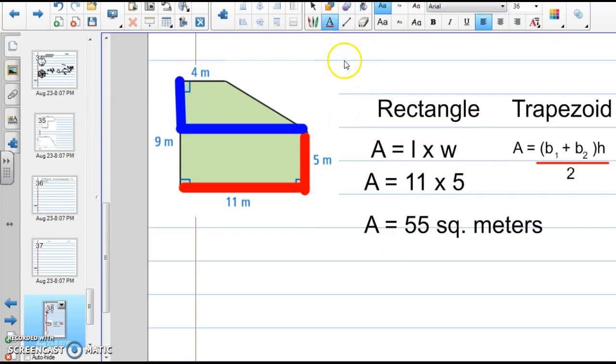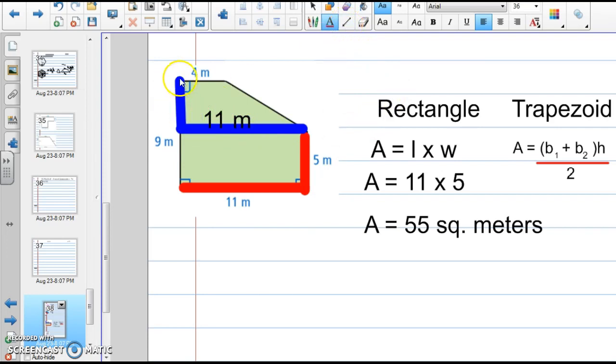If we look to other parts of the problem, we notice that this side of the rectangle is 11 meters, which means the opposite side of the rectangle is also 11 meters. That opposite side of the rectangle also happens to be the other base of the trapezoid. So pause your video right now and write in 11 meters.